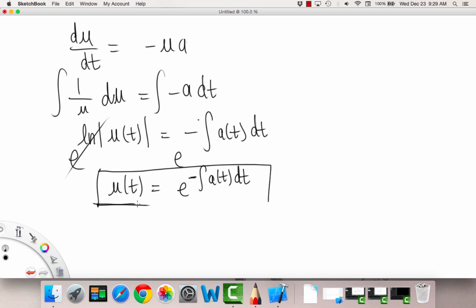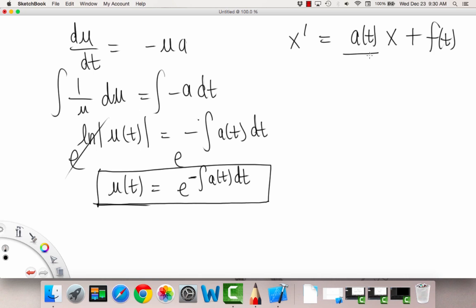If you want, you can just memorize this formula. But you have to remember, because it does get a little tricky with the negative sign there, that this a of t is when we have x prime is equal to a of t times x plus f of t, okay? So it has to be in this form in order for you to identify your a of t correctly, okay?